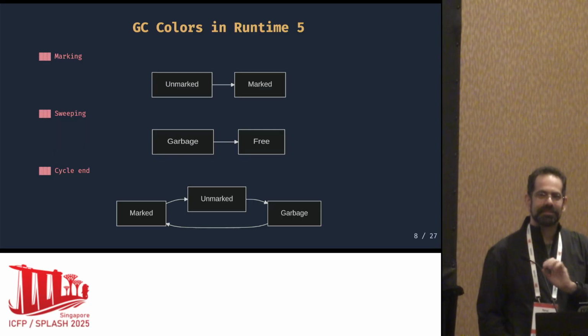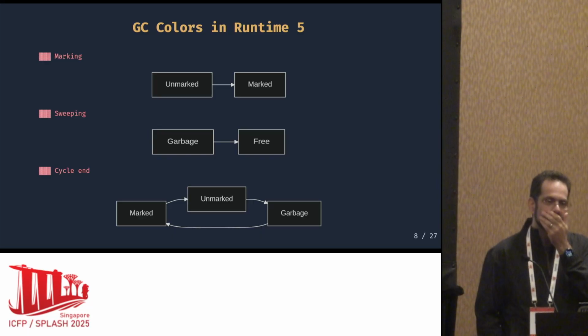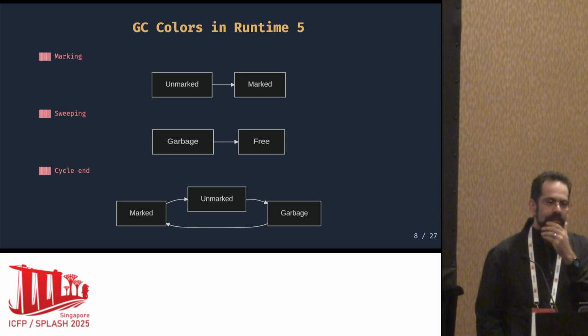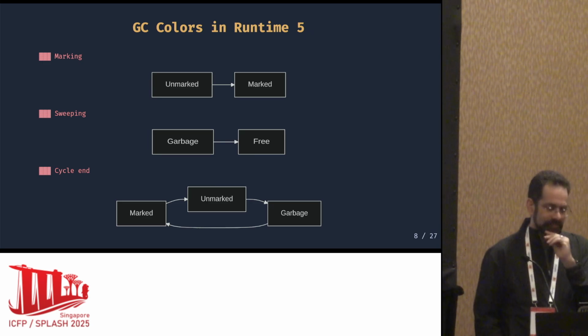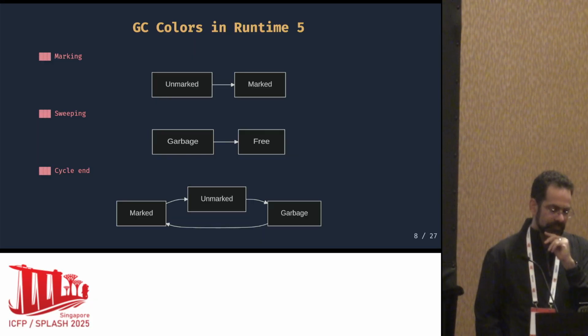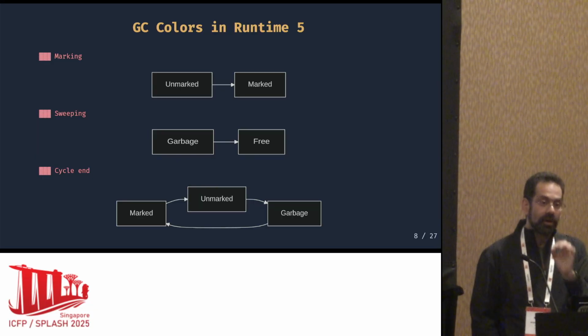Do I understand right that at the moment where you change your interpretation of some bits from meaning garbage to meaning marked, there's nothing that actually has those exact bits? Oh no, there are things that have those bits.